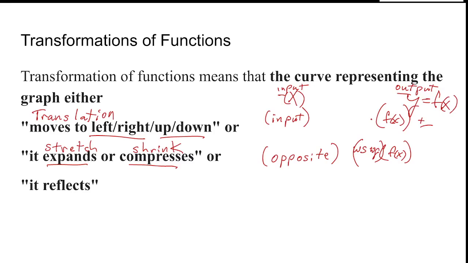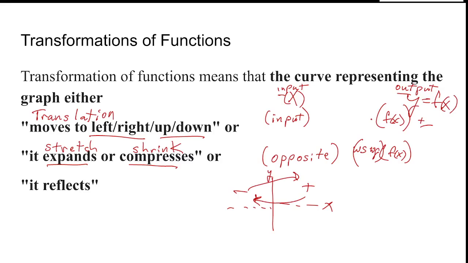Finally, there is a reflection. So anytime we reflect, actually, this is kind of backwards in a way. Whenever we're going to reflect over the y-axis, what is changing are the x values. So positive x's become negative x's. That will cause a reflection. And negative x's become positive x's. So that's what's going to cause a reflection.